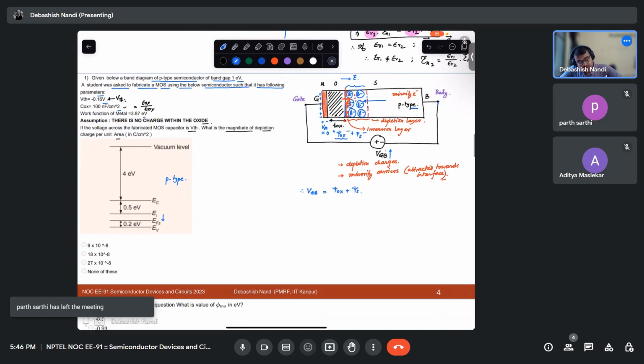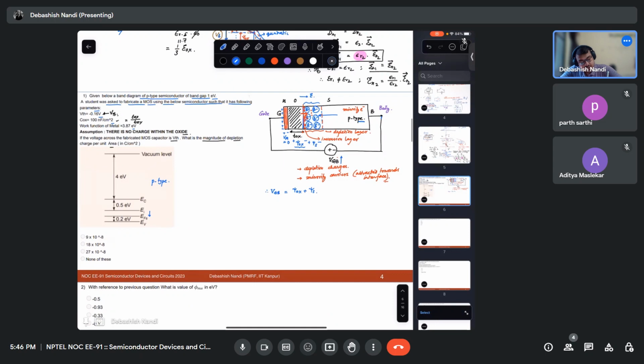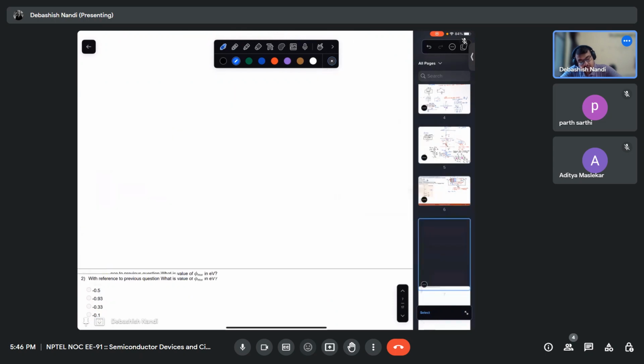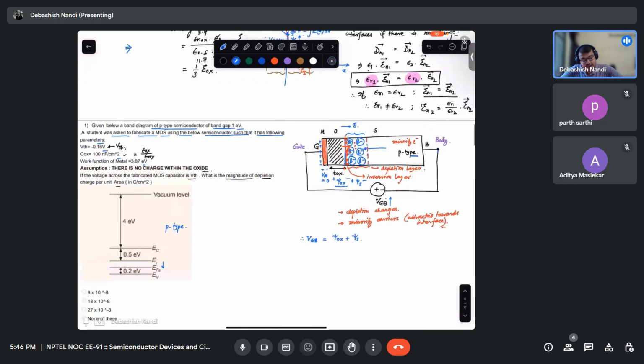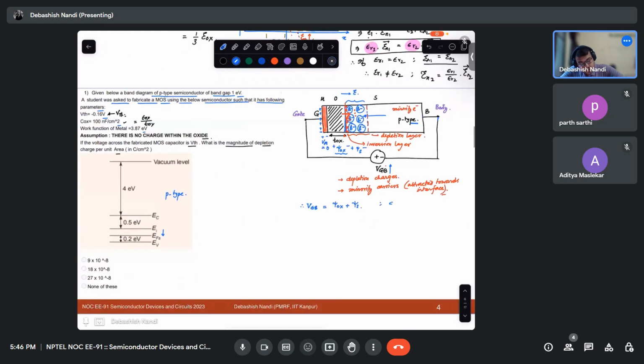Now, this is assuming that the work function of the metal and the work function of the semiconductor are the same. But if those are not the same, then a certain amount of potential will get dropped to balance that also. That we have seen in metal semiconductor contacts. A similar phenomenon will be happening here also.